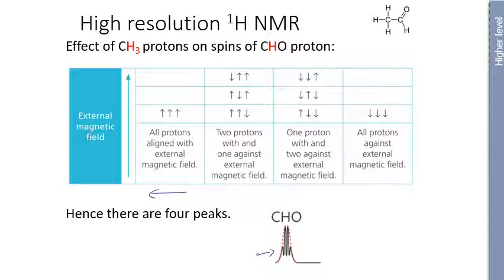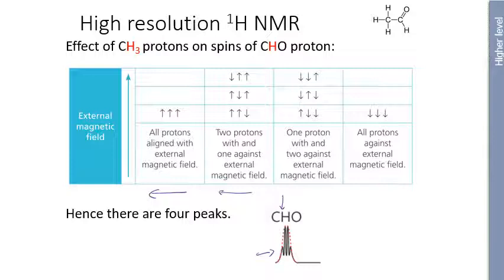I should just move it downfield, and it will show as just that small singlet there. And this first signal here is also slightly downfield, but it will have 3 times the intensity, because you have 3 ways that you can rearrange 2 protons with and 1 against the external magnetic field.